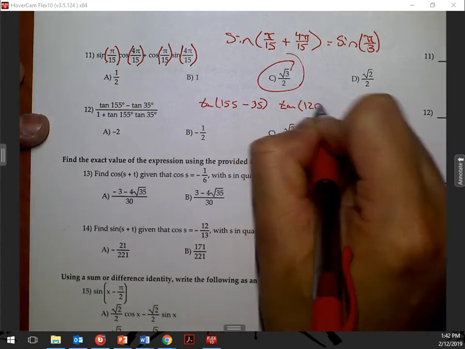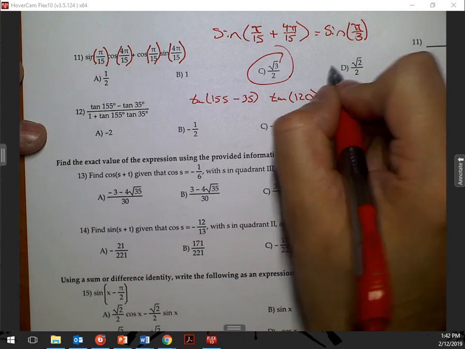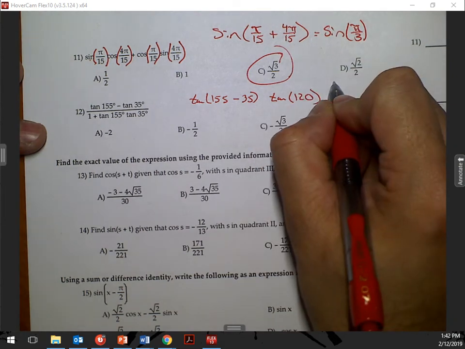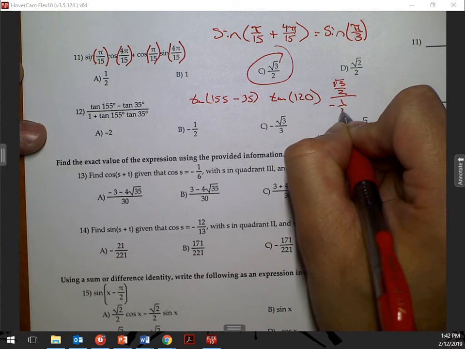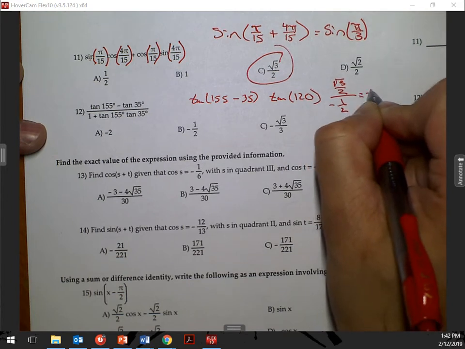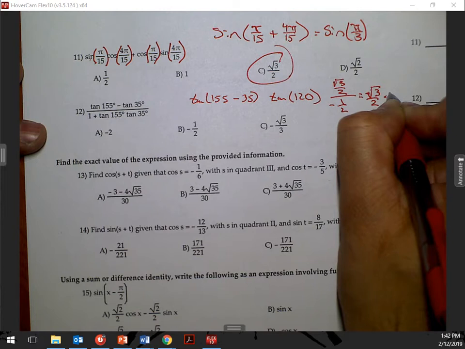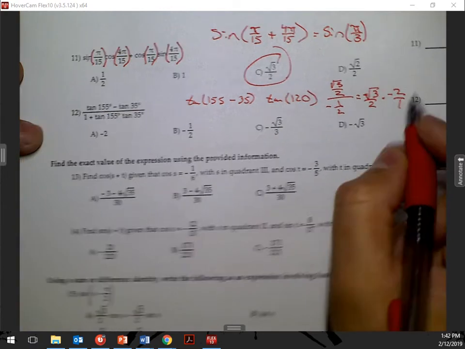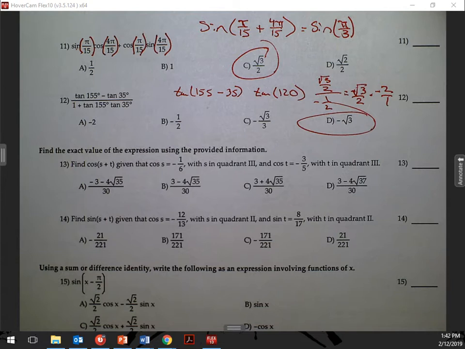Rad 3 over 2 divided by negative 1/2. It's a negative, right? Negative rad 3. Yep. So if we're just plugging this into the calculator, that's all you got to do, right?